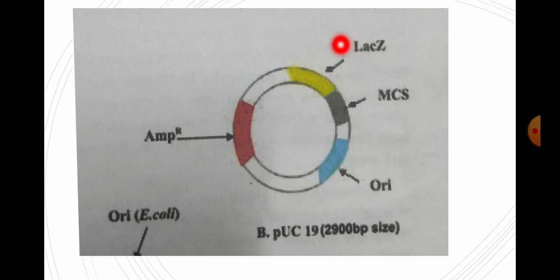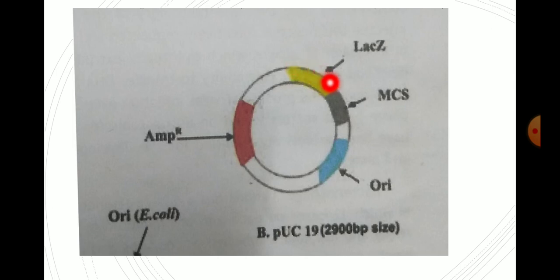So here we are taking it as a marker gene, but due to the insertion of a foreign gene in this region, what happens? The beta-galactosidase enzyme will not act on the chromogenic substrate. It means it will not form the colored product, and therefore no blue color will be produced.